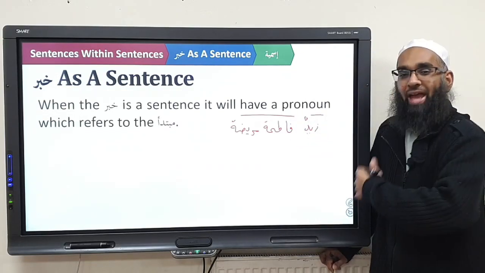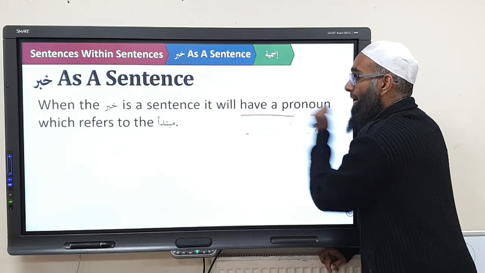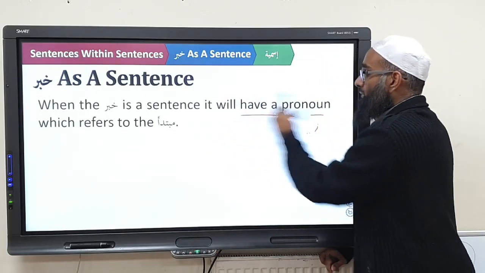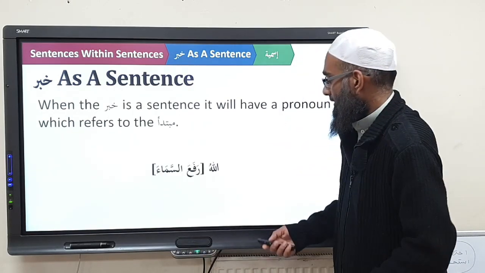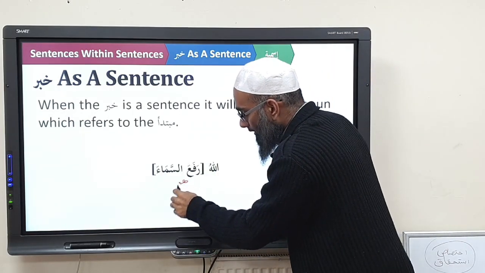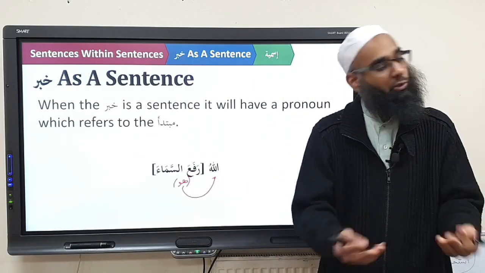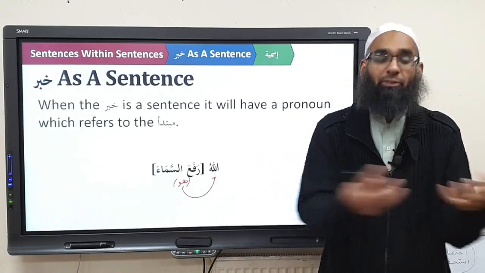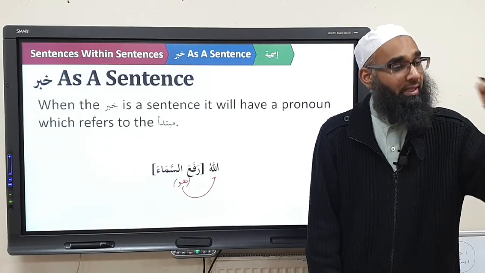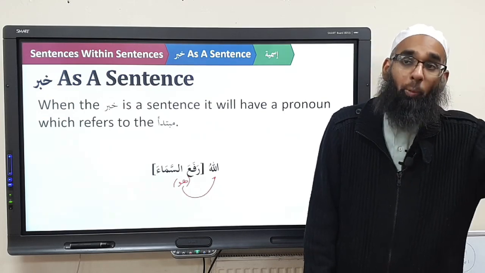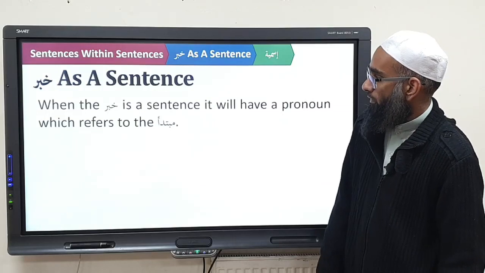You can't just have anything as a mubtada and a khabar. You have to have a link. The mubtada and khabar must link. How do they link? By having a pronoun within the khabar. For example, you have to have a pronoun in here, the huwa, which is damir mustatir, which refers to the mubtada. You can't just put anything as the mubtada and the khabar and say, oh, it's a sentence. The khabar has to have a link to the mubtada. So you always have to look. There must be a pronoun in the khabar as a sentence which refers to the mubtada. You got it? Okay?